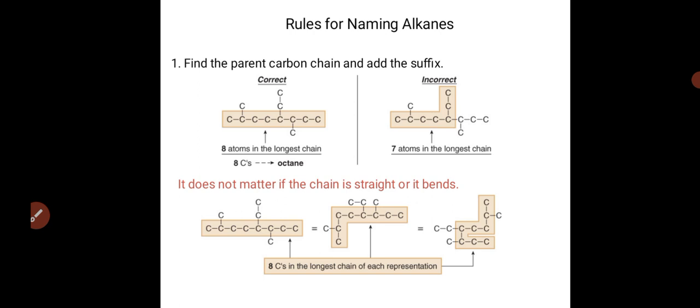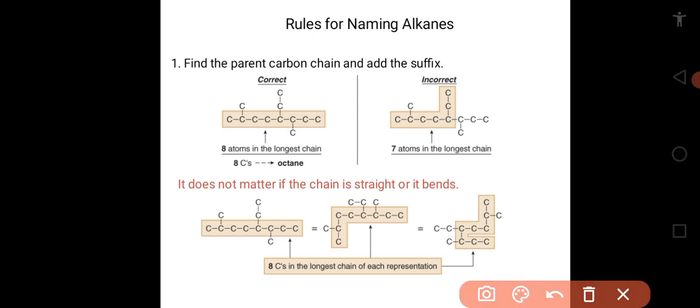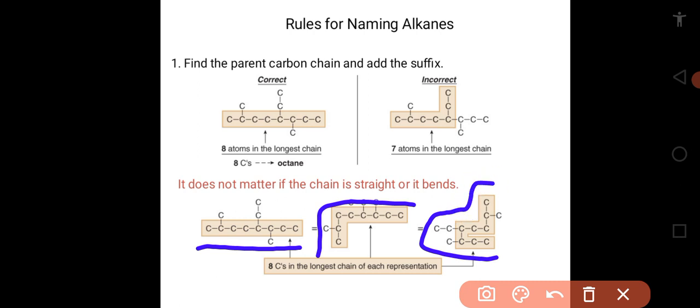So you see they are counted in different directions. This one is counted in a straight chain direction, and this one in a bend direction, and this one in a bend direction, something like this. So you can count in different directions, but what is most important is to know the longest carbon chain.